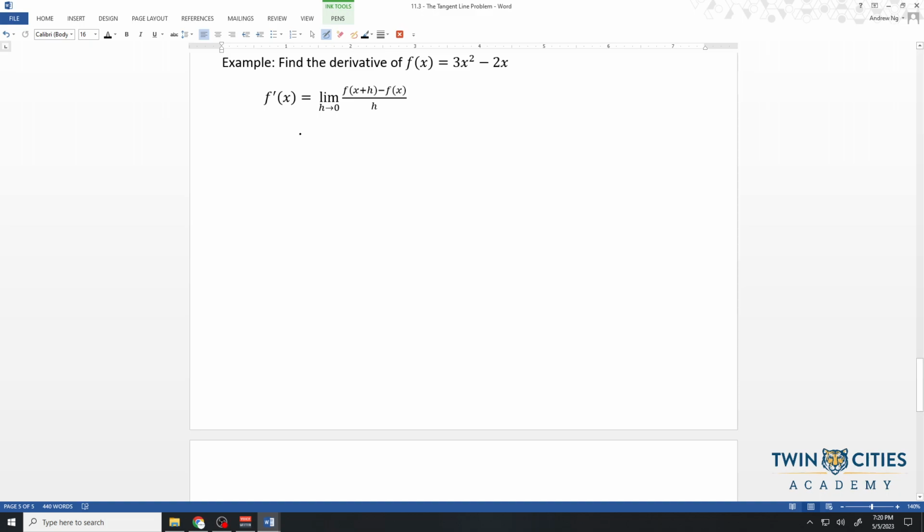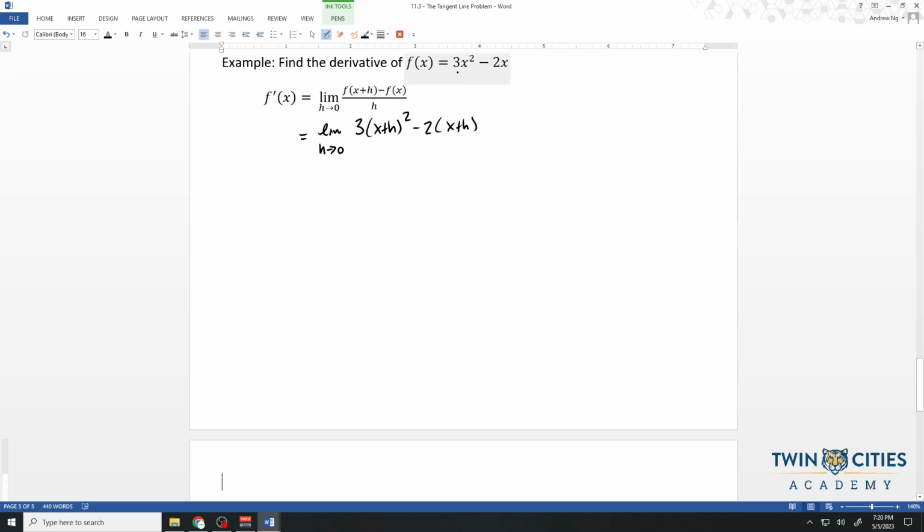So I want to go back here and say f of x plus h will be 3 times, instead of x, x plus h squared, minus 2 times x plus h.